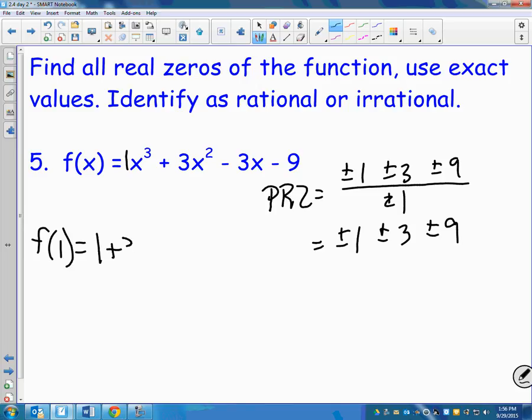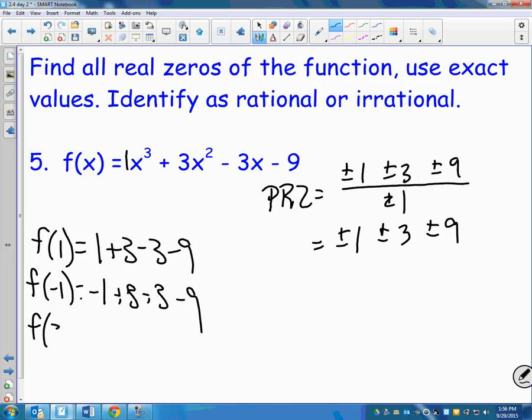1 plus 3 minus 3 minus 9. No. I think I've lied. Negative 1 plus 3 minus 9. Oh, fail. I'm feeling 3 too. 27 plus 27 minus 9 minus 9.